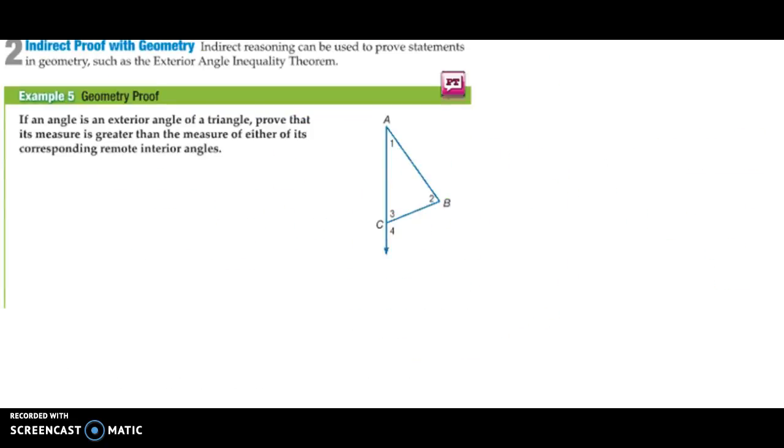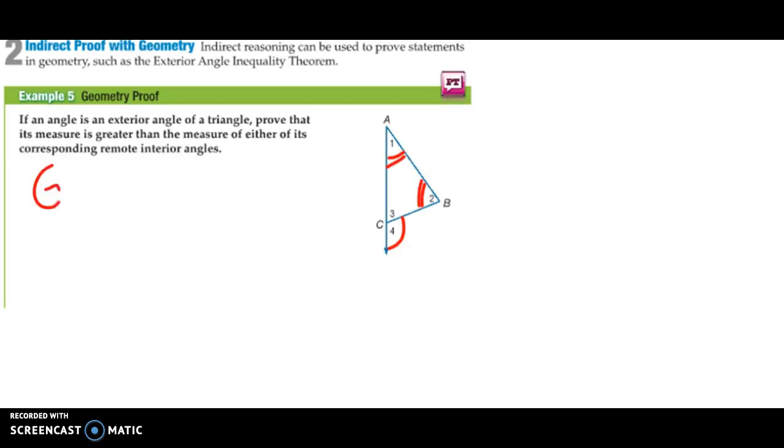So let's use indirect proofs to prove something in geometry. So back from section 5.4, we talked about the exterior angle theorem. Okay, it said that angle 4 here should be greater than the measure of angle 1 and the measure of angle 2.